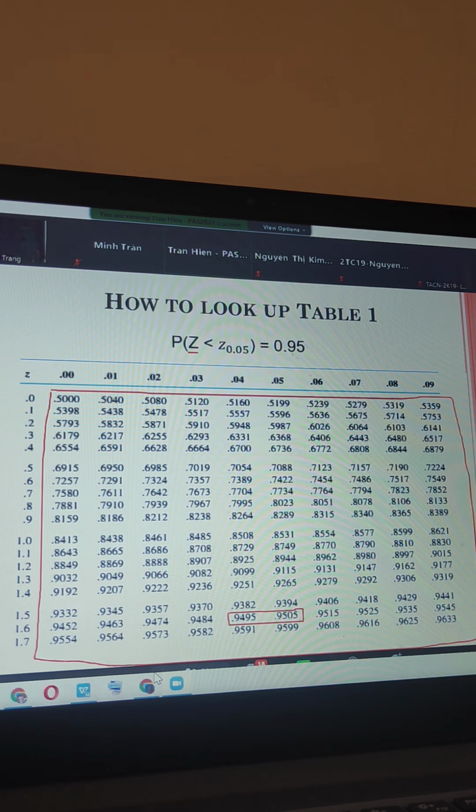Okay, because 0.95 stands between those two values, can you get what is the value for z? The first place after the decimal point and the second place after the decimal point. What is the value for z here, class?